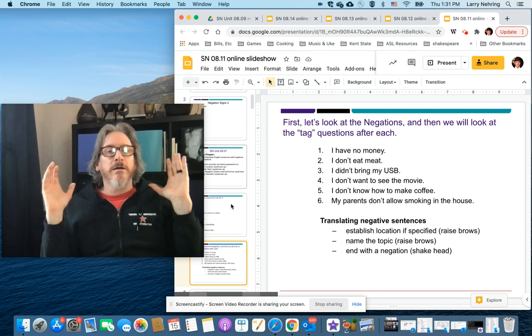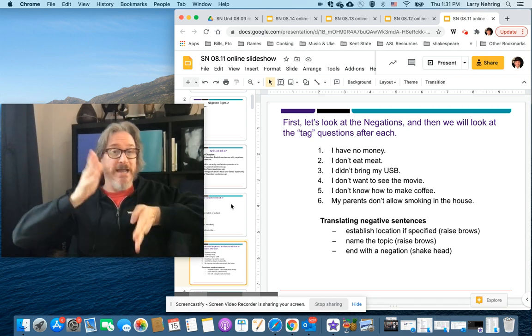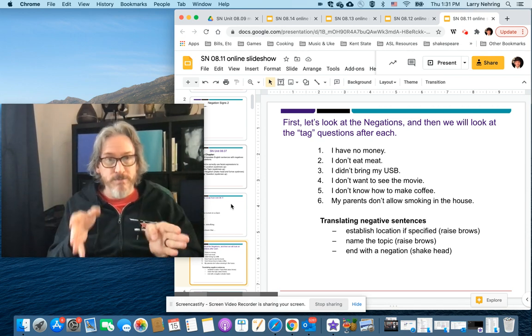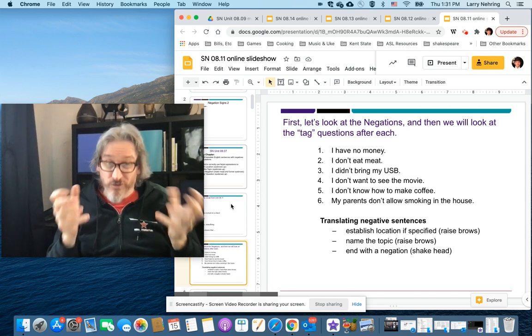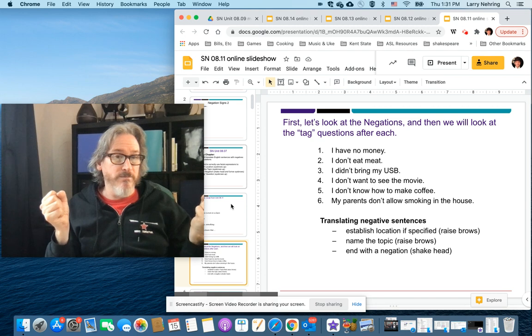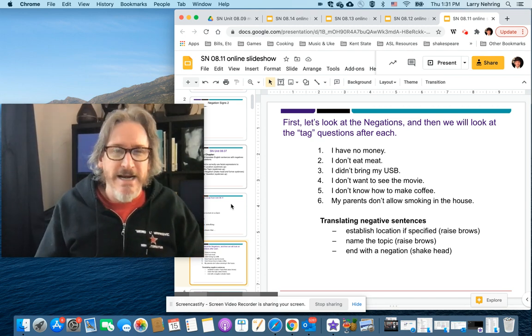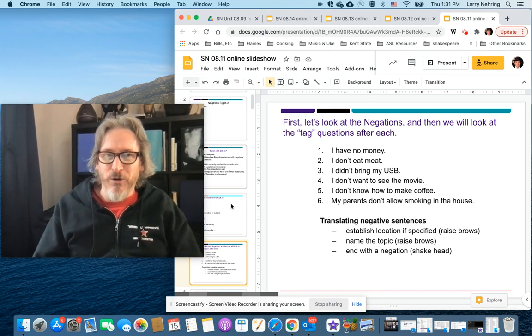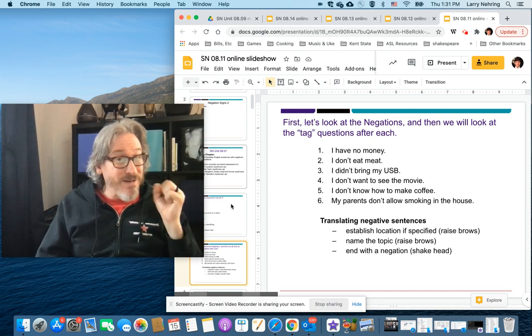So that being said, if you can't decide which way to sign, what's the right order, do them both. It really ends up being a question of whether you can make yourself feel comfortable doing both of them. I know that sounds like a cop-out on the whole grammatical side of things, but it's actually not.